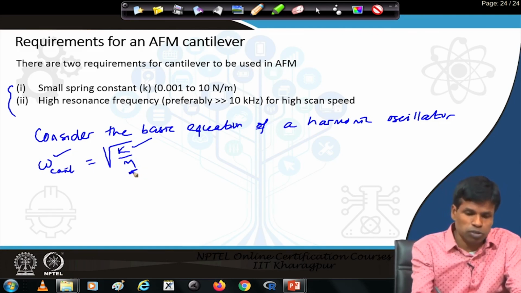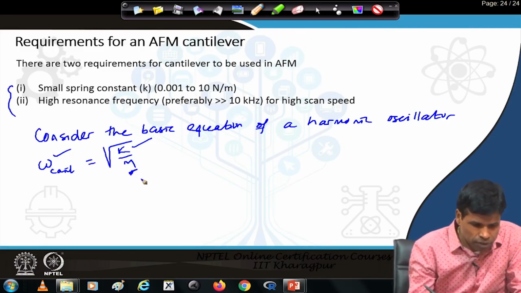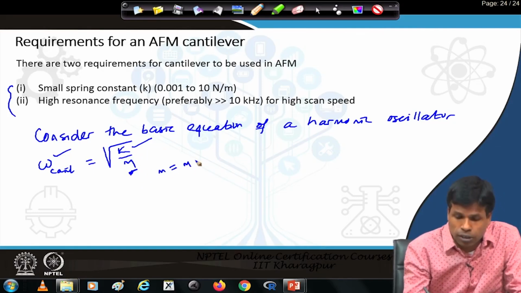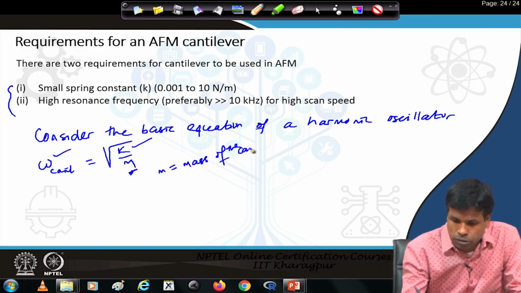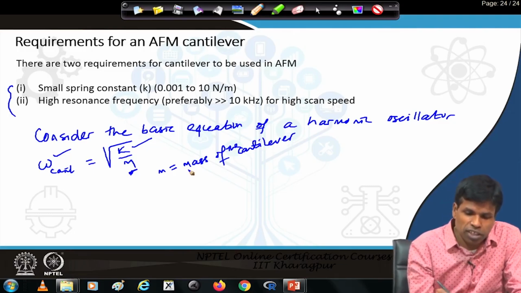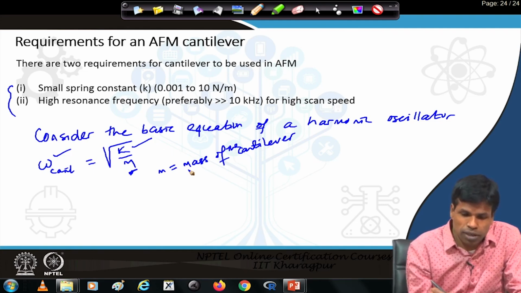M is the mass of the cantilever. If we have a smaller mass of the cantilever, then we can reasonably have a smaller spring constant with a reasonably high resonant frequency.